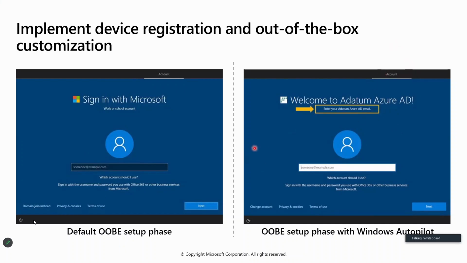With Autopilot, Windows comes up and says, look at that, I found the device ID linked to this computer for Azure AD. Welcome to Azure AD. So it's already identified that this is your Azure AD domain, and you're going to be logging in with your Azure AD credentials as opposed to logging in with your Microsoft account.